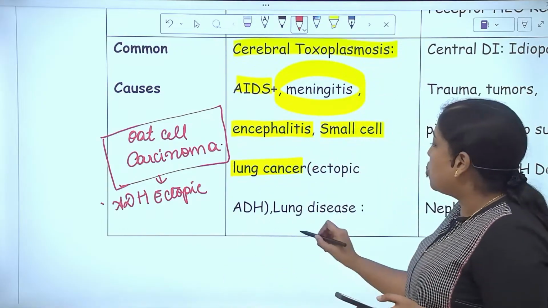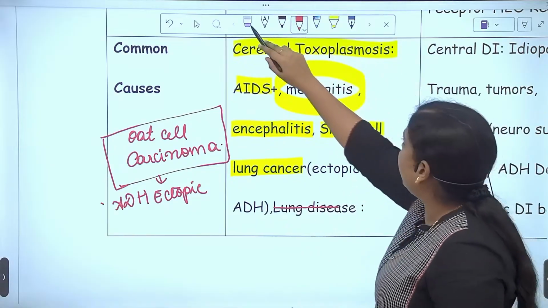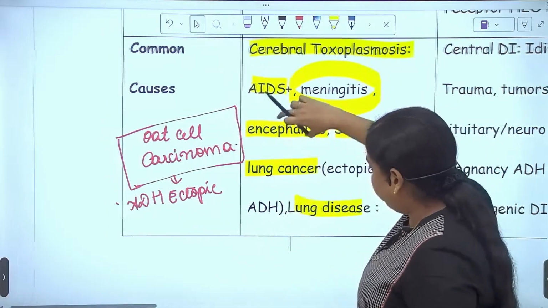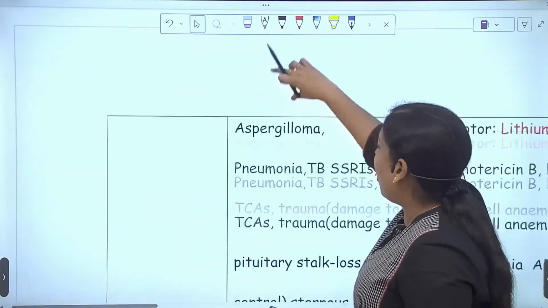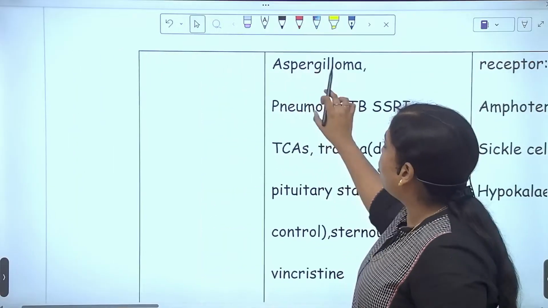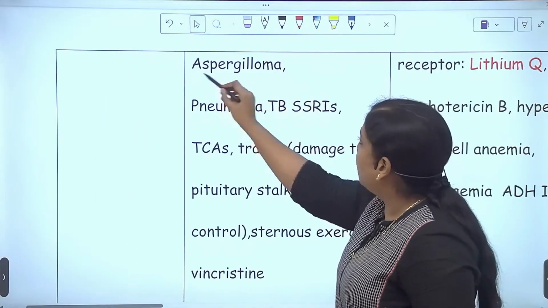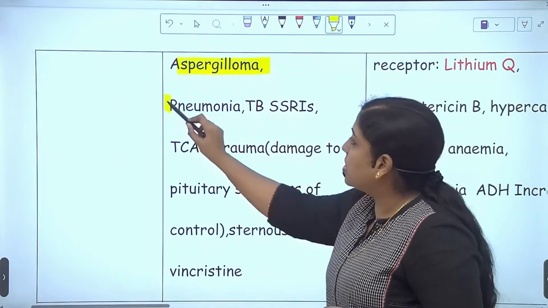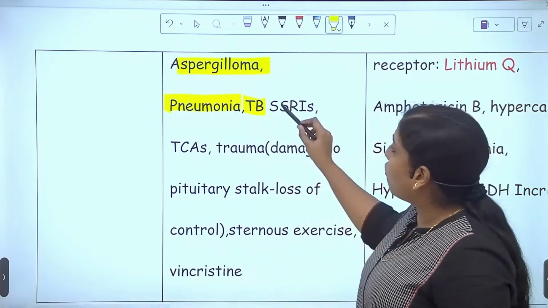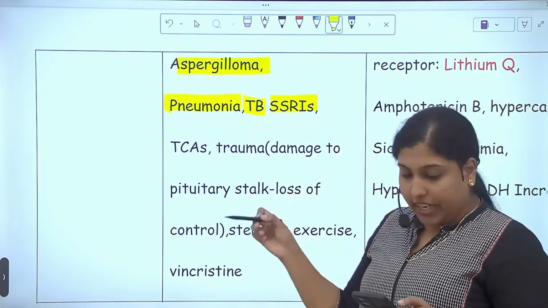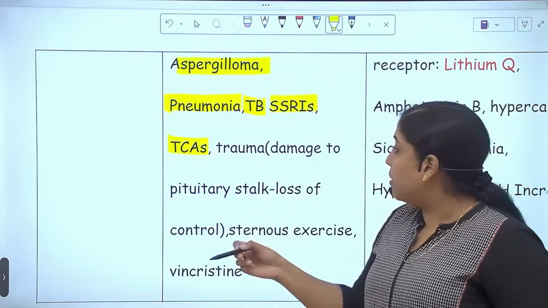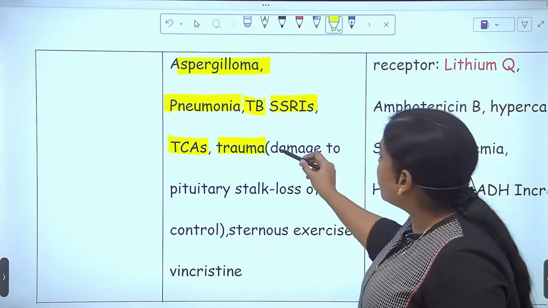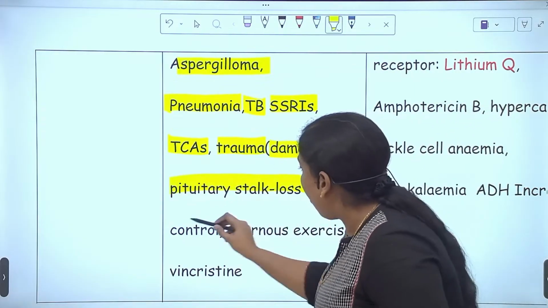And the other causes include any form of lung disease, which includes aspergillosis or aspergilloma, pneumonia, tuberculosis, intake of drugs such as selective serotonin reuptake inhibitors and tricyclic antidepressants, and trauma to the head because of damage to the pituitary stalk.